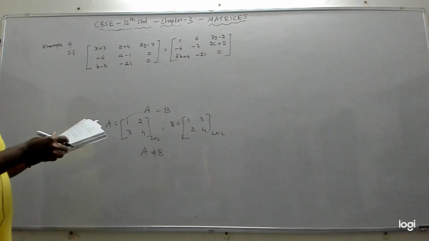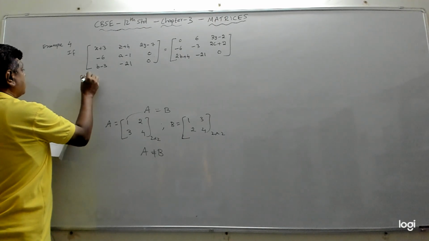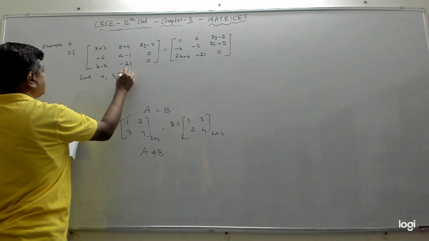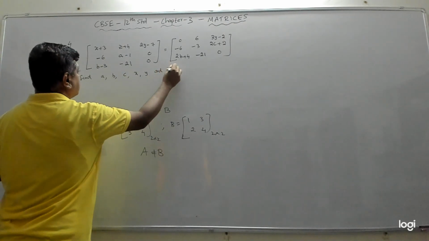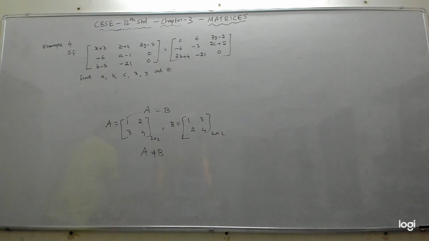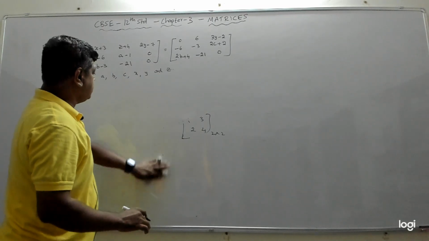Now we have to find the values of a, b, c, x, y and z. We have to find the value of these variables a, b, c, x, y and z.